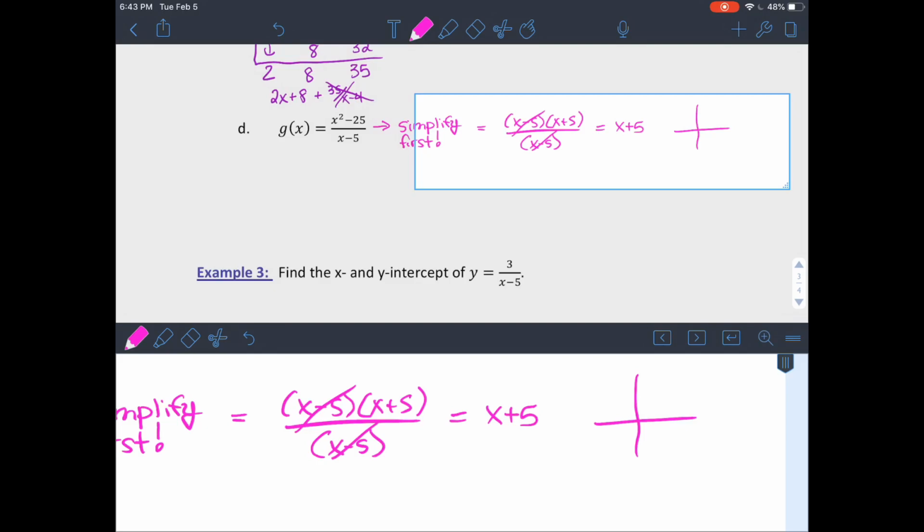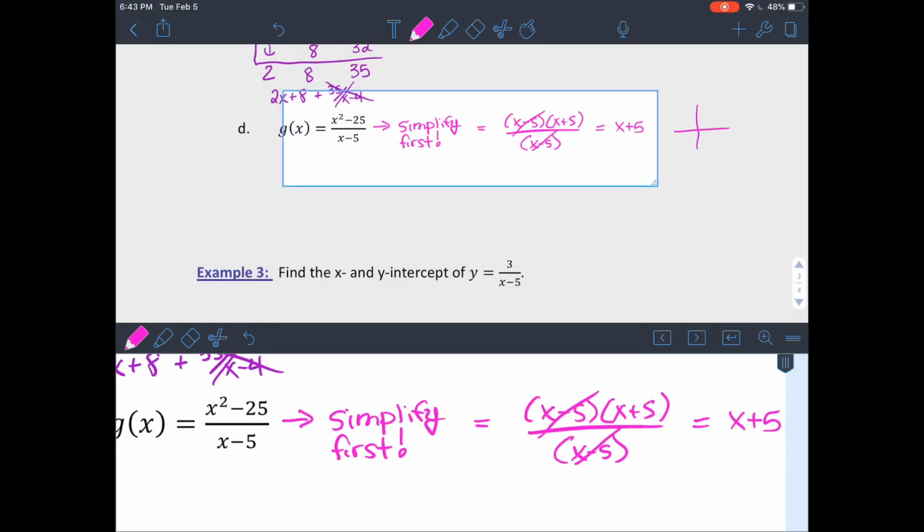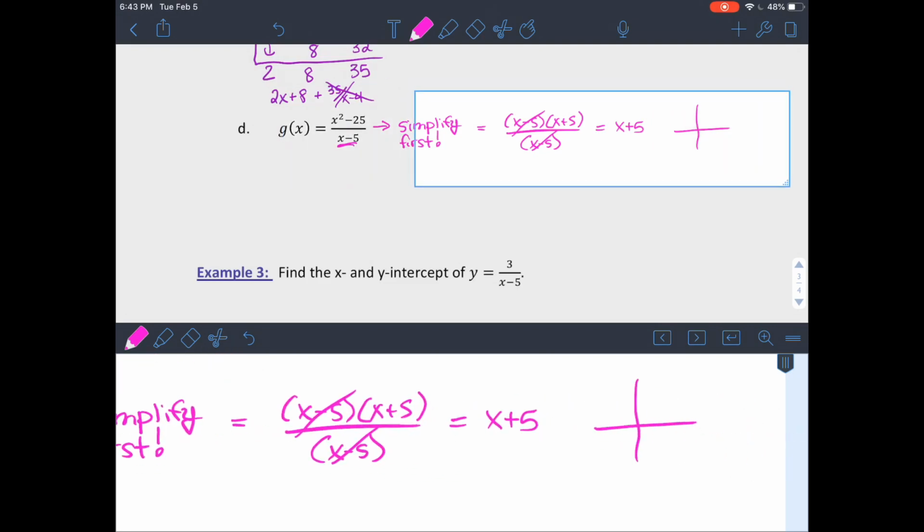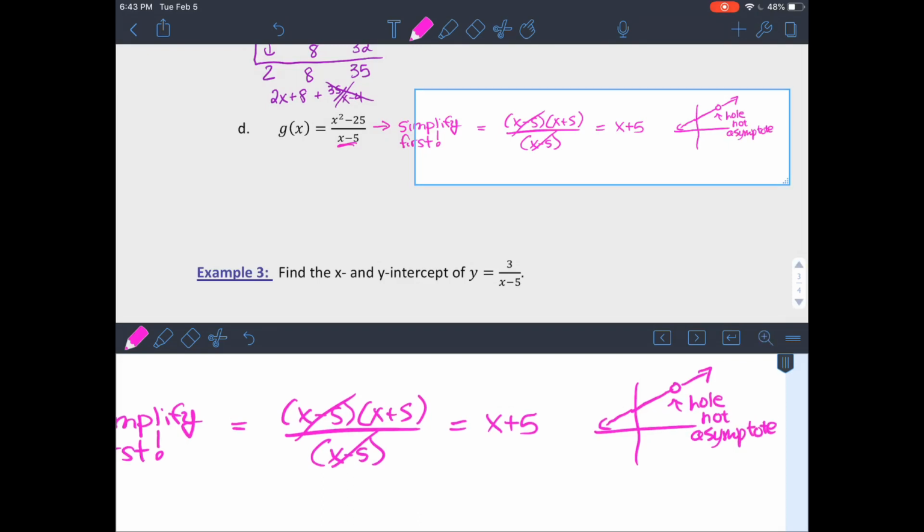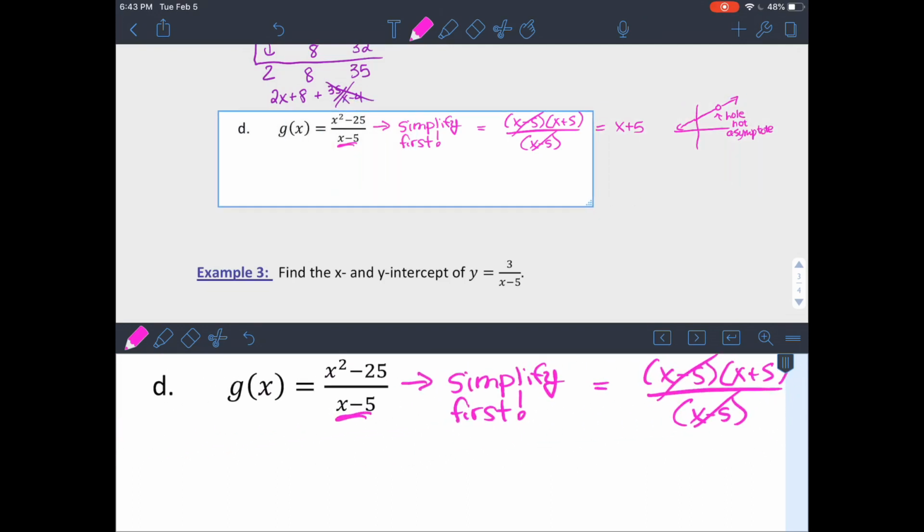I don't have any vertical asymptotes in that case because although 5 made the original function equal to 0, it doesn't make my new simplified function equal to 0. What it would look like if I graphed it is I'd actually have like a little hole in my graph at x equals 5, but no asymptote, because I was able to divide out that problem factor of x minus 5. So I don't have any vertical asymptotes.